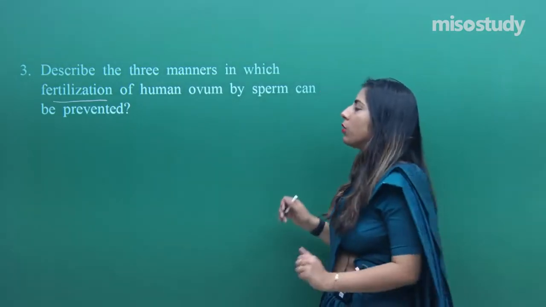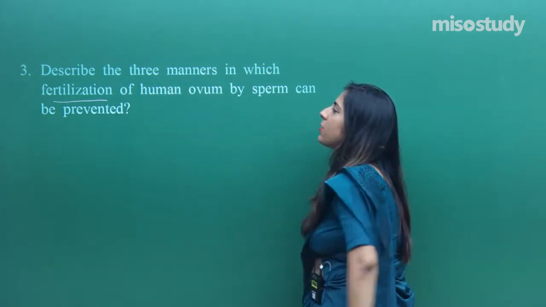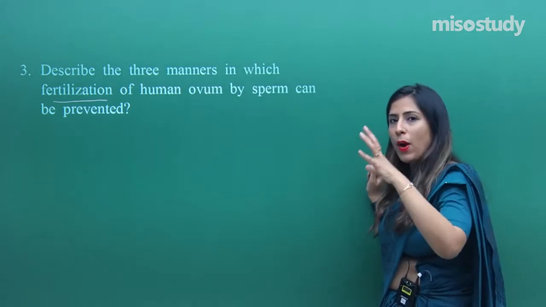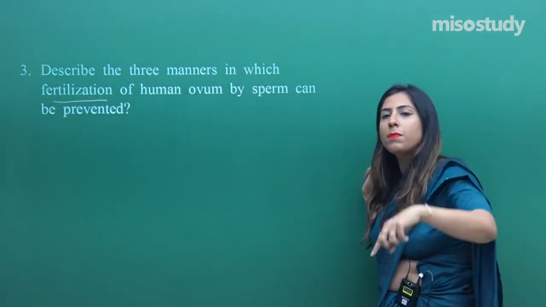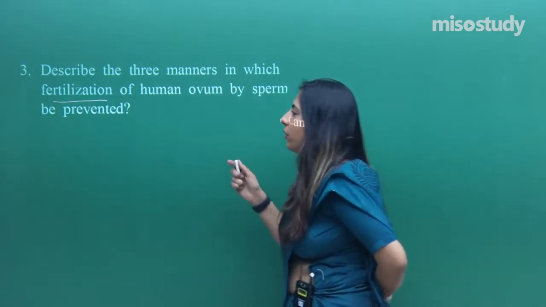Now, the question is asking that we have to talk about the three manners in which the fertilization of human ovum by the sperms can be prevented, right? So, we have to talk about those methods where the sperm entry can be prevented, right? So, there are three methods.